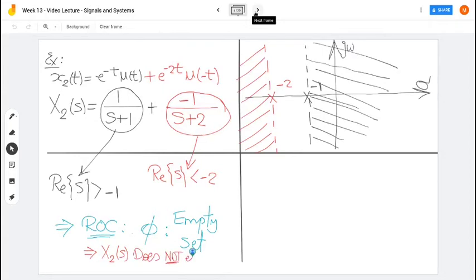It does not exist basically because there is no ROC in which this expression for x2 of s is valid. For this expression to be valid, we need a region which satisfies these two conditions, but these two conditions are contradicting. The intersection of these two ROCs is the empty set.